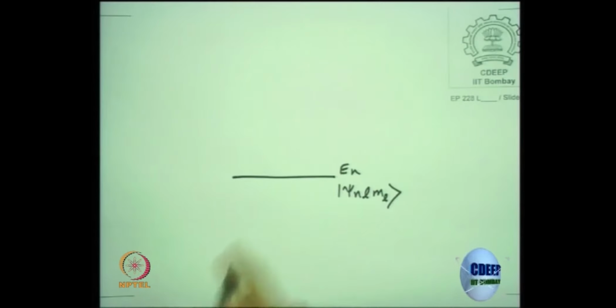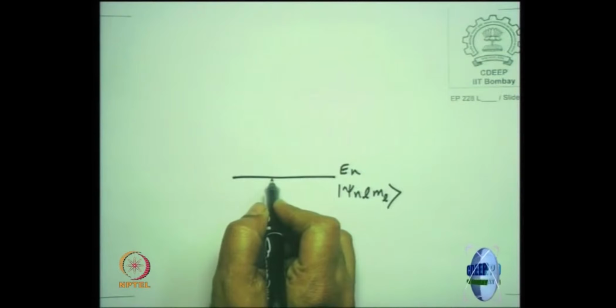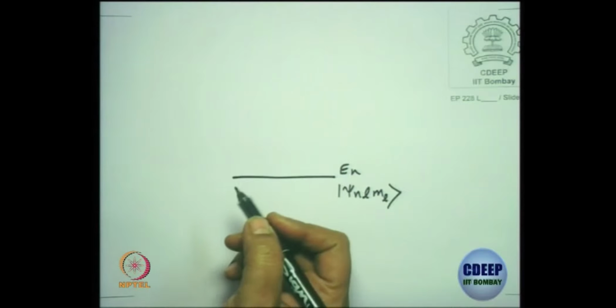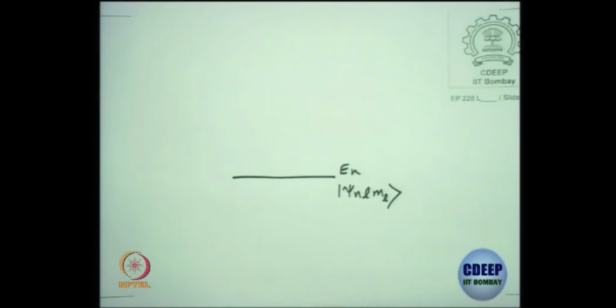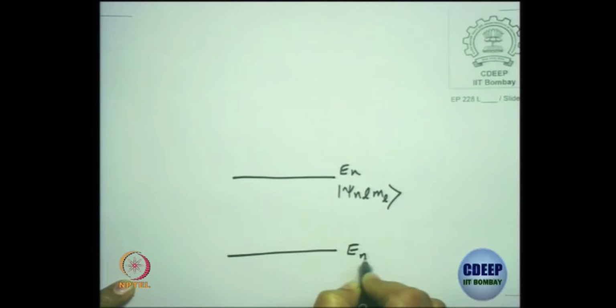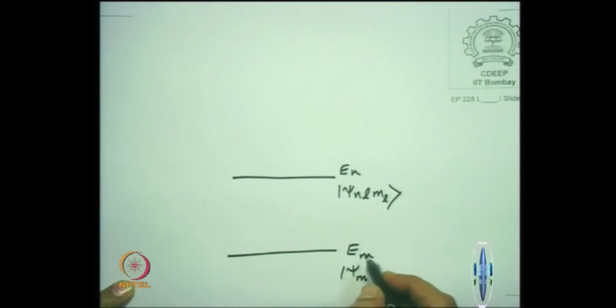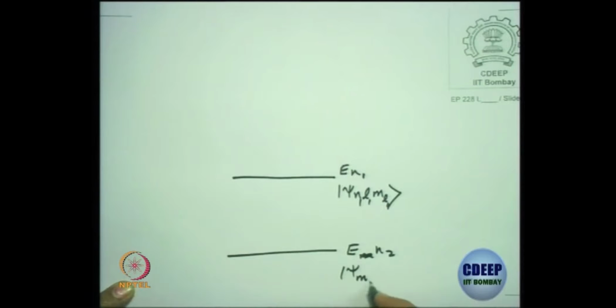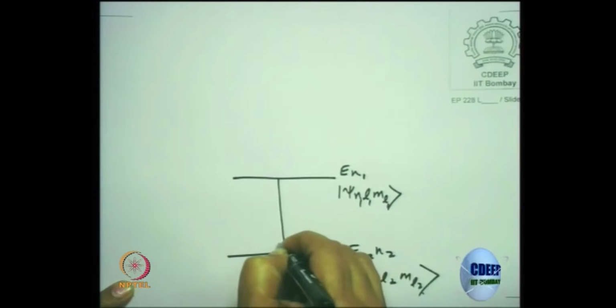The question is whether this atom can do a transition to a lower energy state. Let me put En1 with N1, L1, ML1, and En2 with N2, L2, ML2. Can this undergo a transition, is the question.